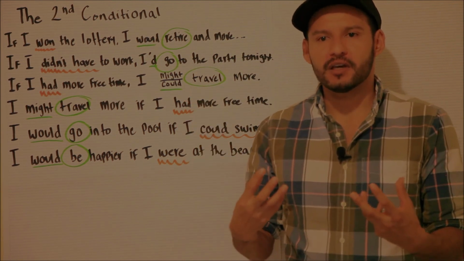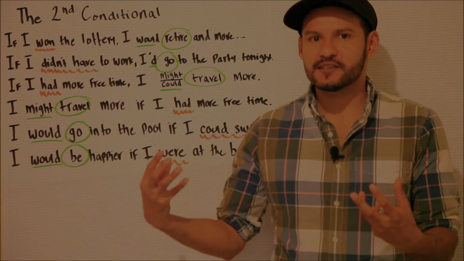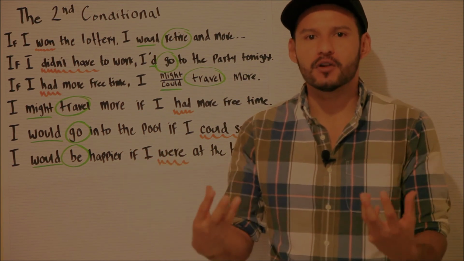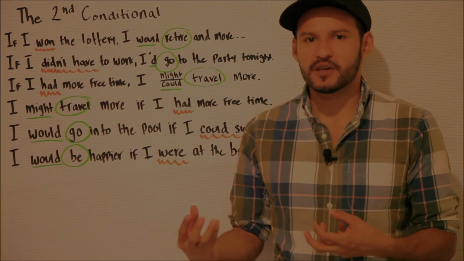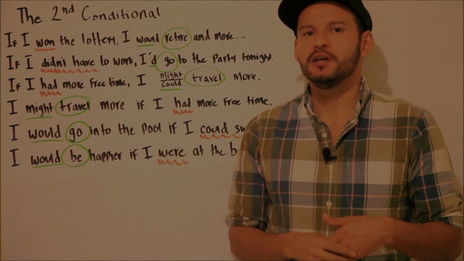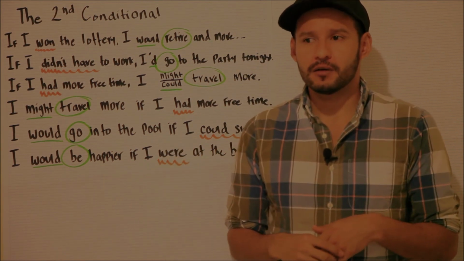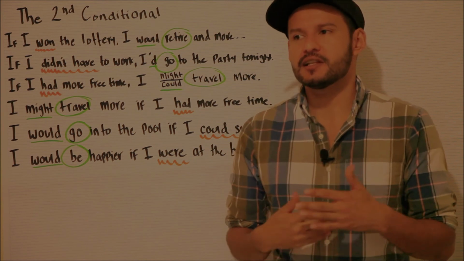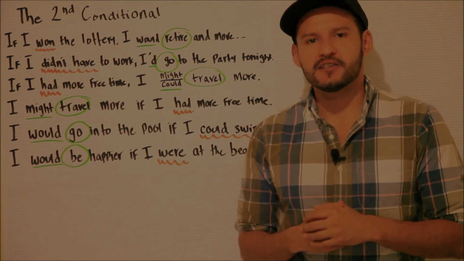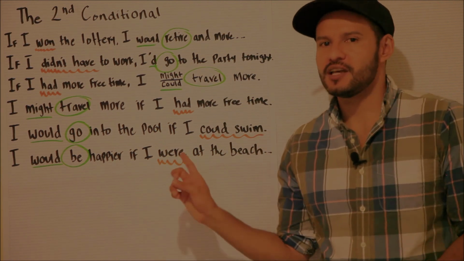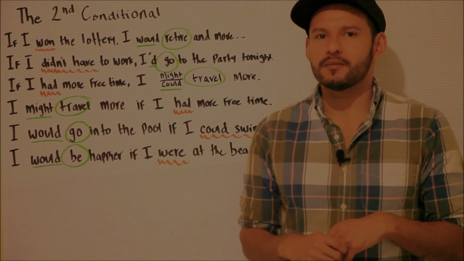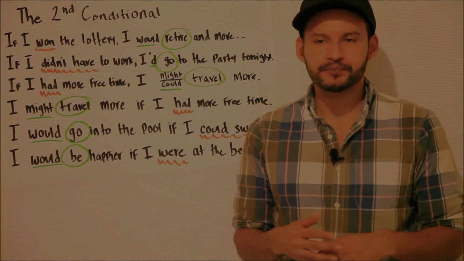Although you will probably hear a lot of people using was as well, especially in informal conversations, and even with native speakers, or maybe even especially with native speakers. So it is becoming increasingly common and increasingly acceptable to use was as well, but technically this is the correct form, so really it's up to you.